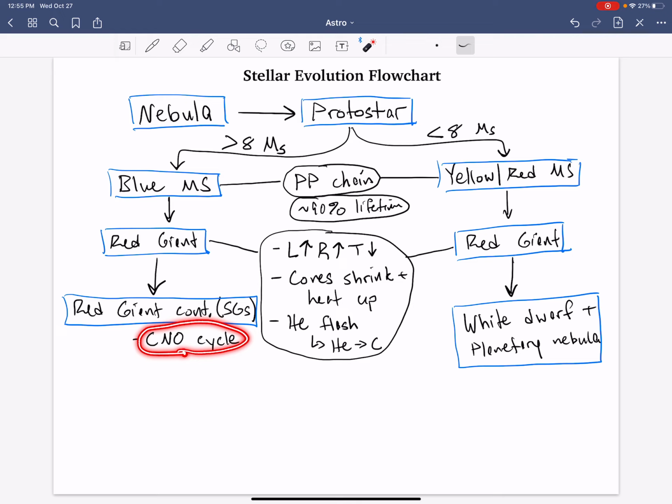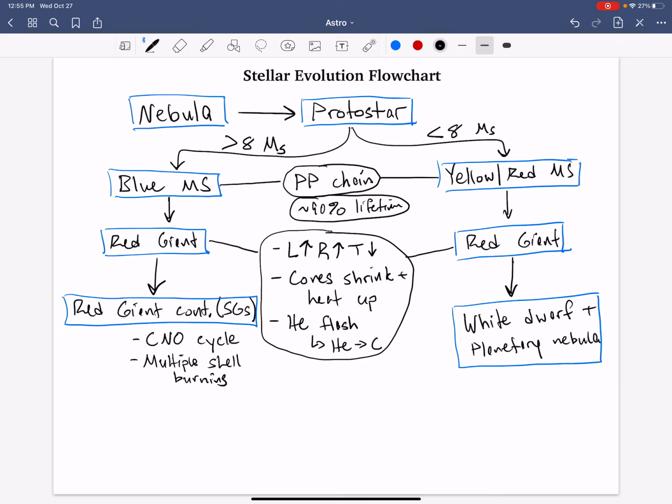Low mass stars don't. So once this starts happening, then we get the multiple shell burning. Multiple shell layers, okay? And this is why those high mass stars look pretty similar to an onion, right? You have all of these layers of fusion occurring.